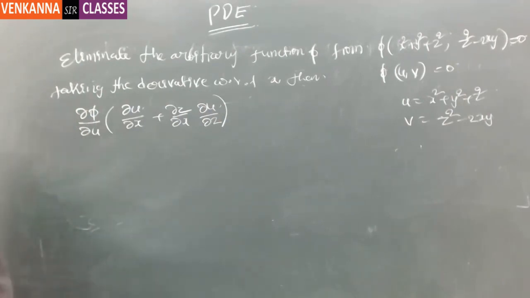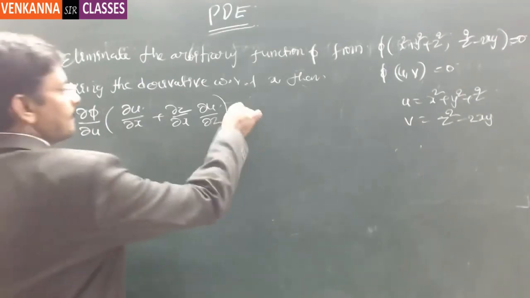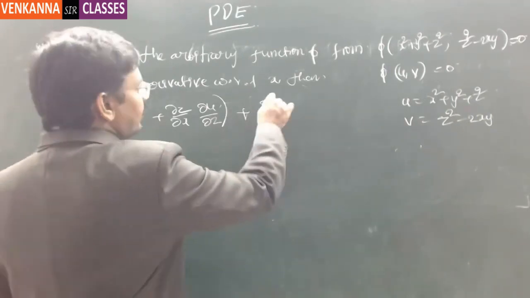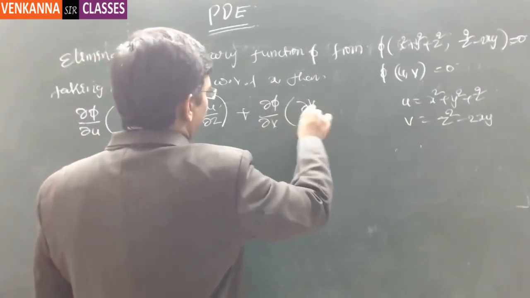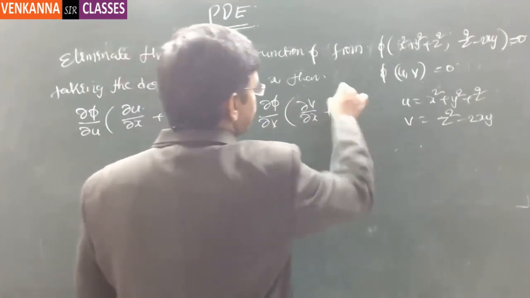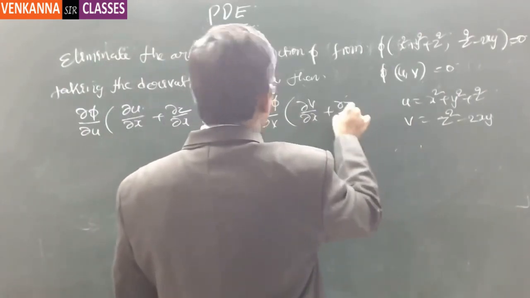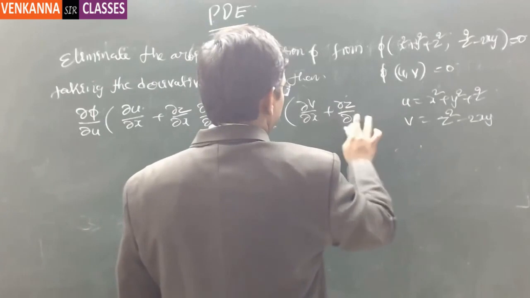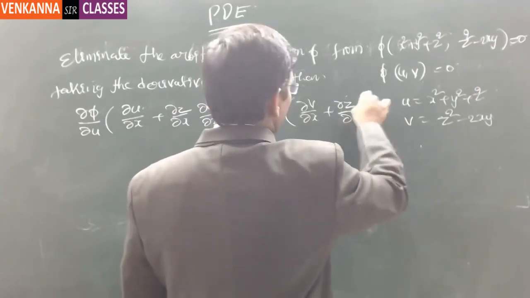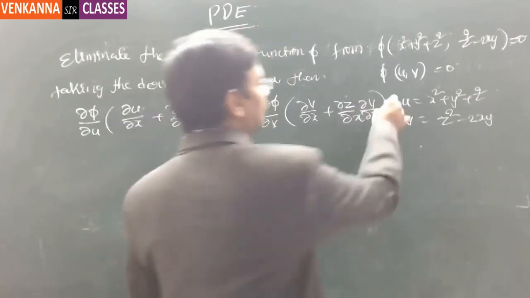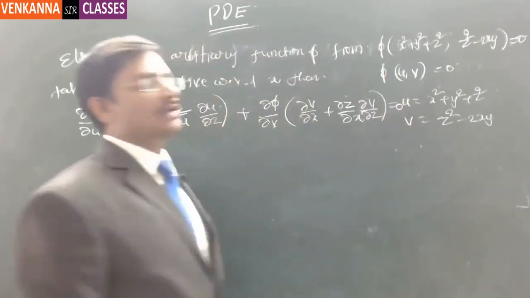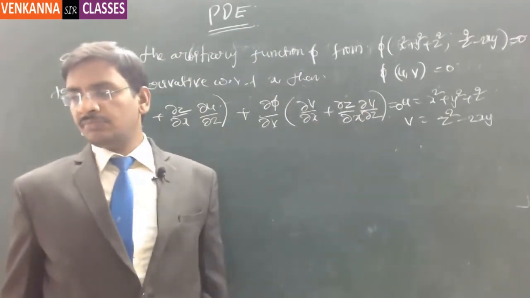Got it? So this is dou phi by dou v into dou v by dou x plus dou z by dou x into dou v by dou z. This is equal to 0. So this is taking the derivative with respect to x once. Got it?